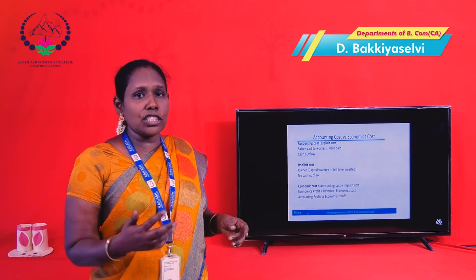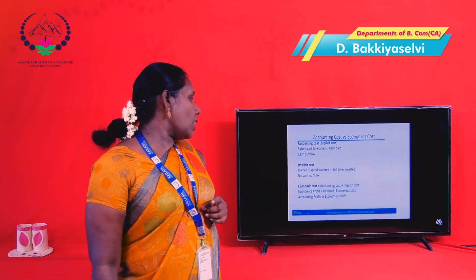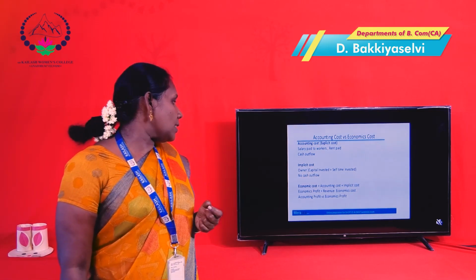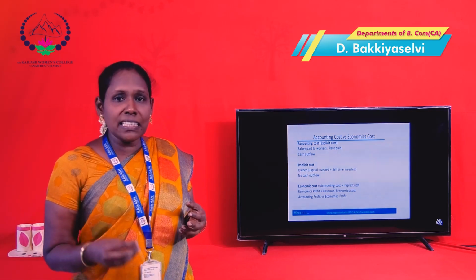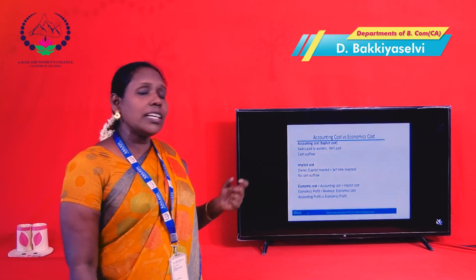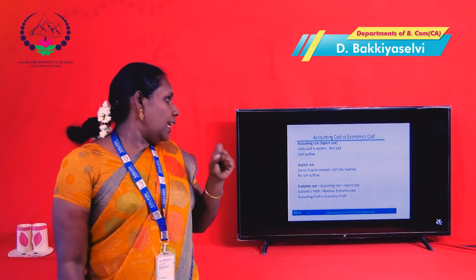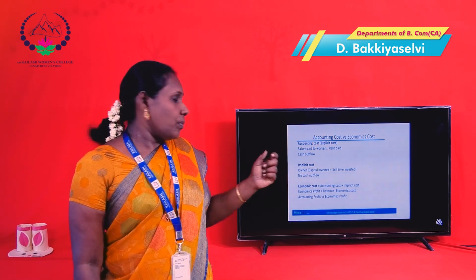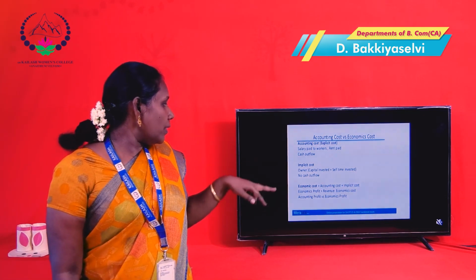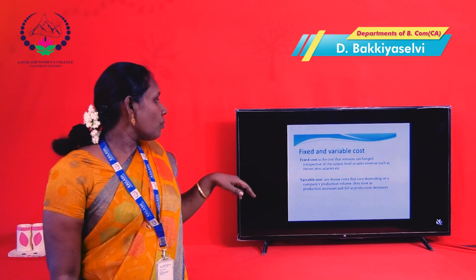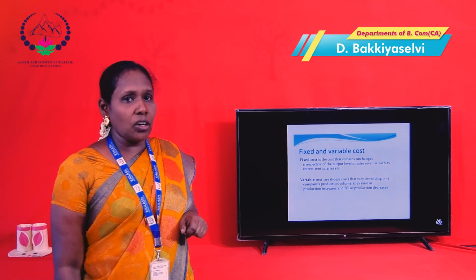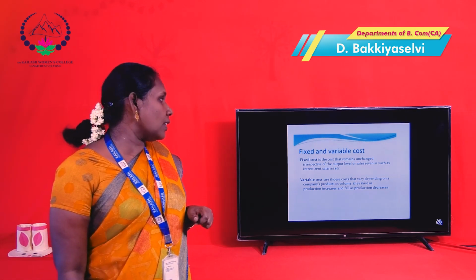There is no cash inflow or outflow. Next, economic cost. What is the economic cost? The accounting cost plus implicit cost is called economic cost. Economic profit means revenue less the economic cost. The next one is fixed cost and variable cost. What is the fixed cost?